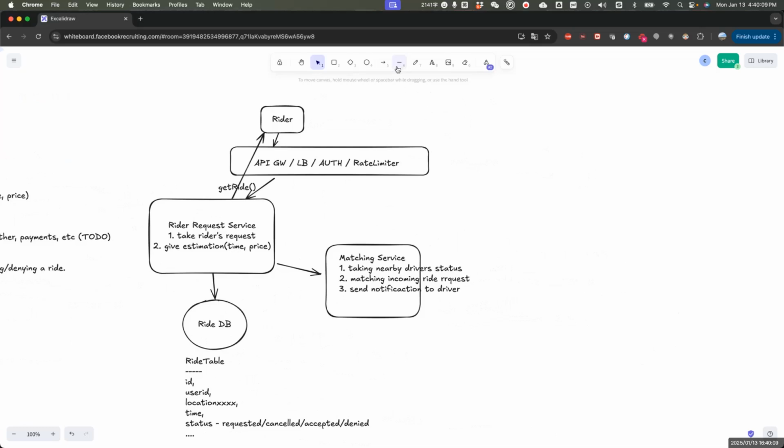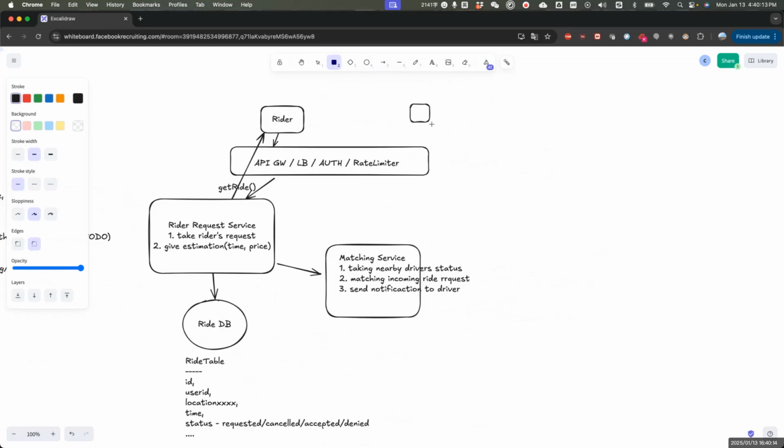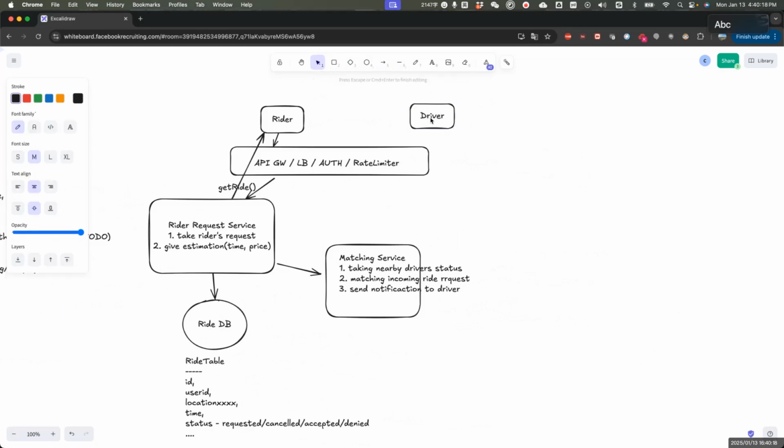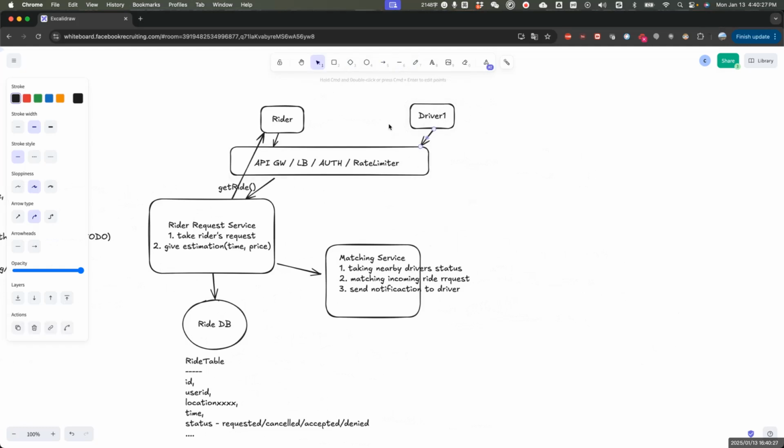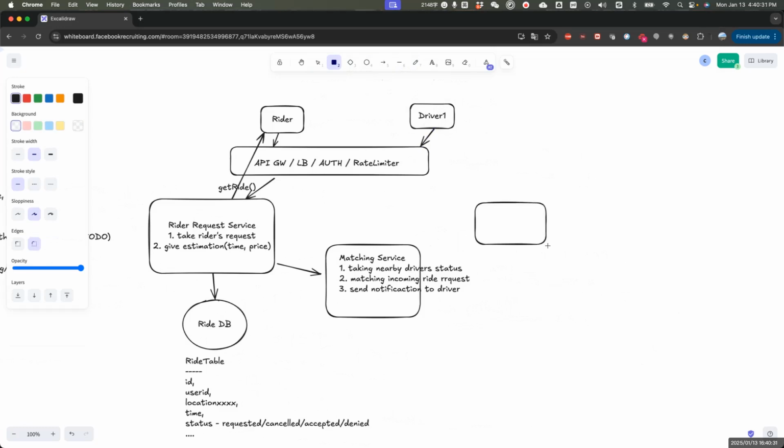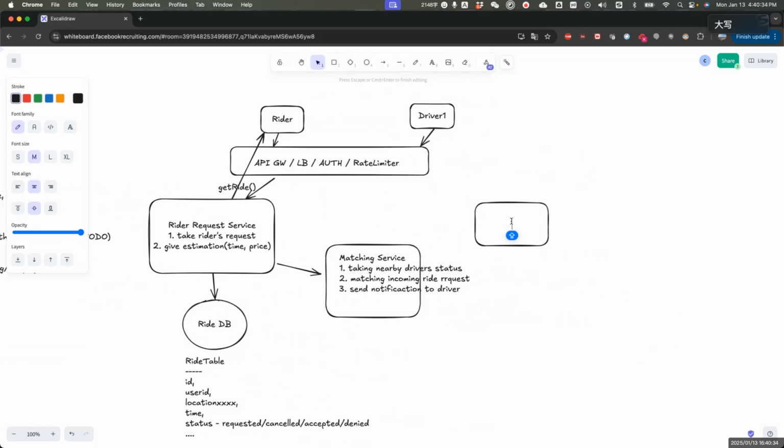Okay, so it's fairly clear that we're gonna need another client. We can call it a driver, probably driver one. So it's also going through the API gateway, and we will have another service that we could basically call location service.